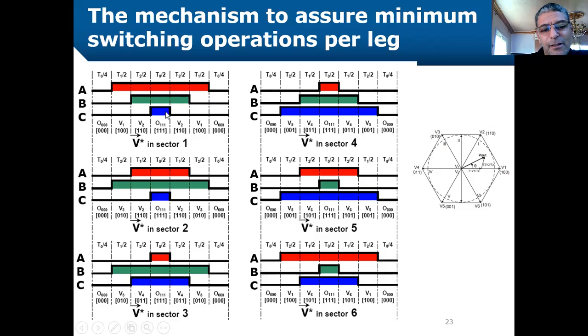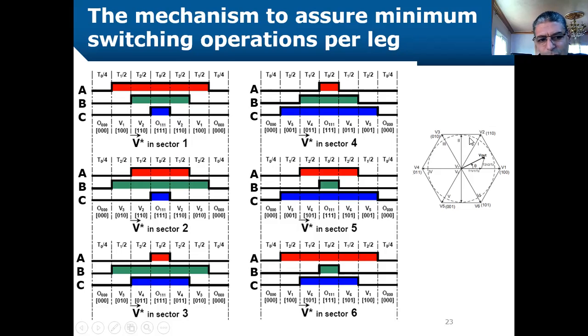And for phase C, it's only half of T0, half the null vector time. So in this way, we make a very wise sequence where each phase has only 2 transitions. This is 1 transition from 0 to 1 and 1 transition from 1 to 0 in phase A. In phase B, the same story. 1 transition 0 to 1 and 1 transition 1 to 0. The same for phase C also.